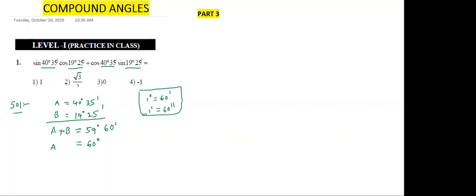Why am I adding these two? See, the question is in the form of sin A cos B plus cos A sin B. That formula is sin of A plus B, or not? A is 40 degrees 35 minutes plus B is 19 degrees 25 minutes. Students, the sum of the two angles is 60 degrees.